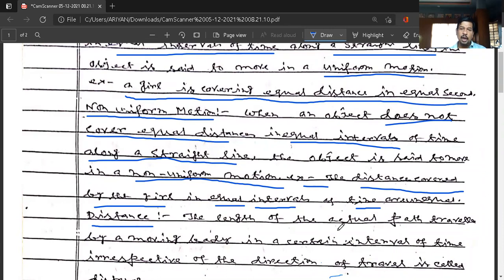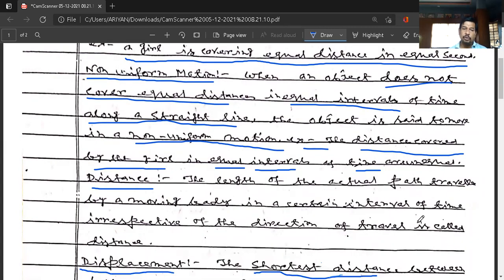The length of the actual path traveled by a moving body in a certain interval of time, irrespective of the direction of travel, is called distance.